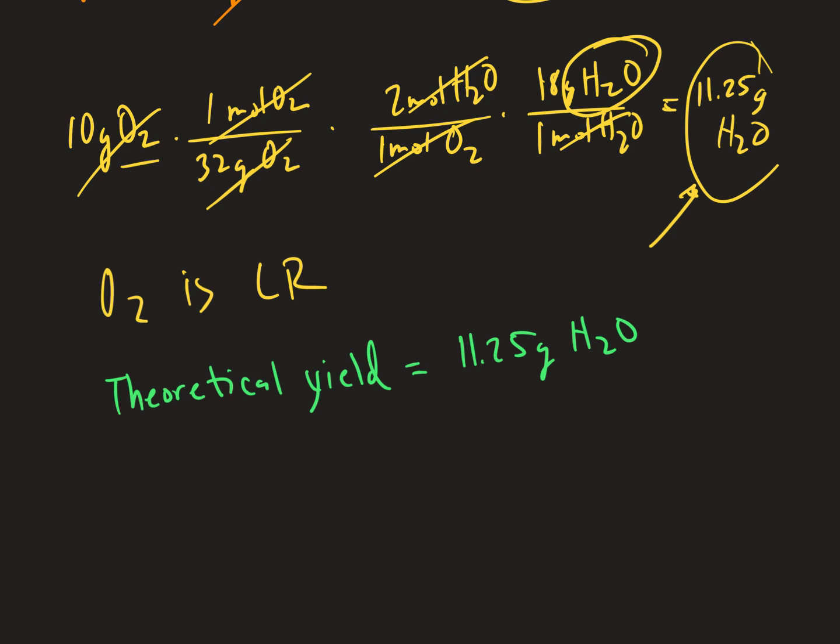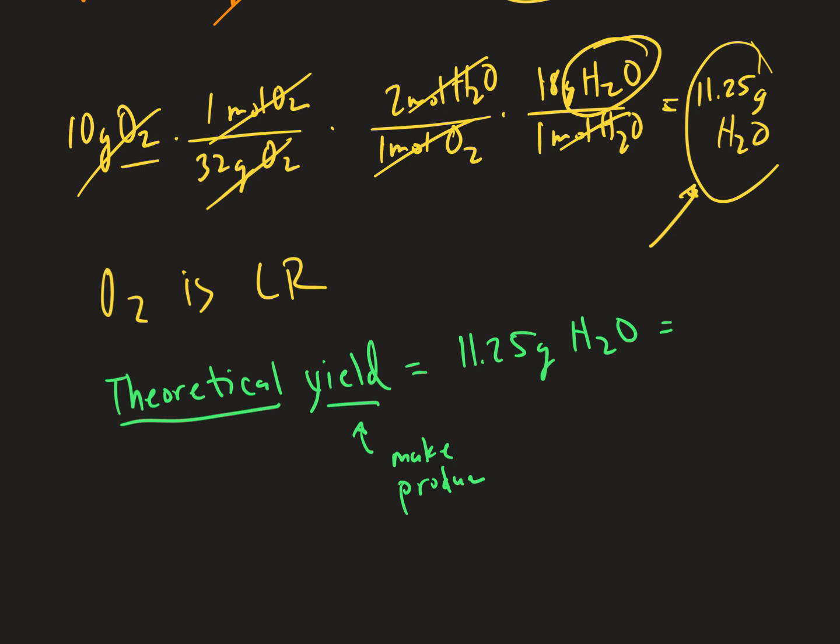Okay? It's pretty accurate. So our theoretical yield, what's yield mean? How much you get. Yeah, how much we make, how much we produce, how much we get. All those words are synonymous, right? So theoretical yield is just our prediction.